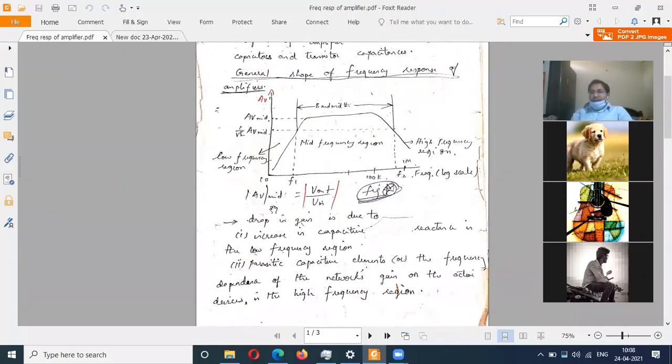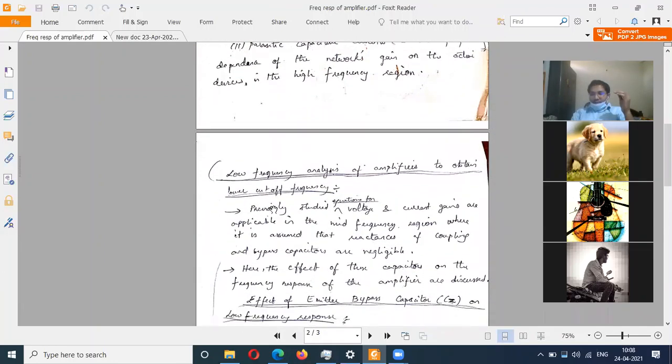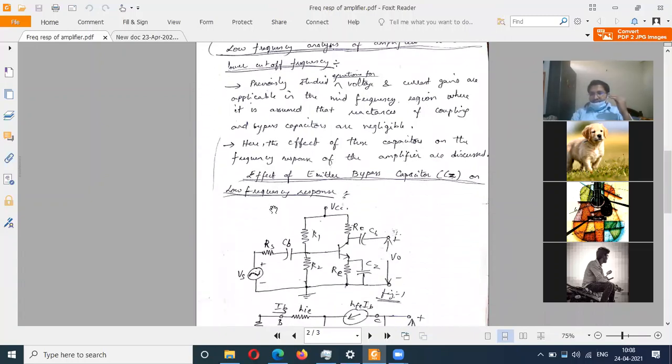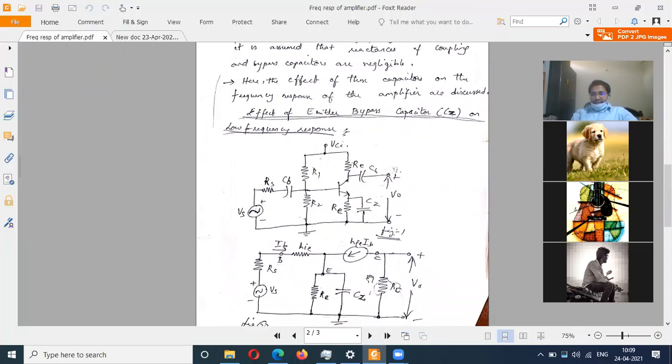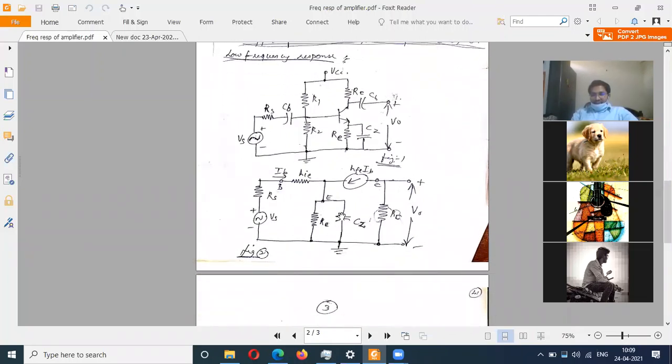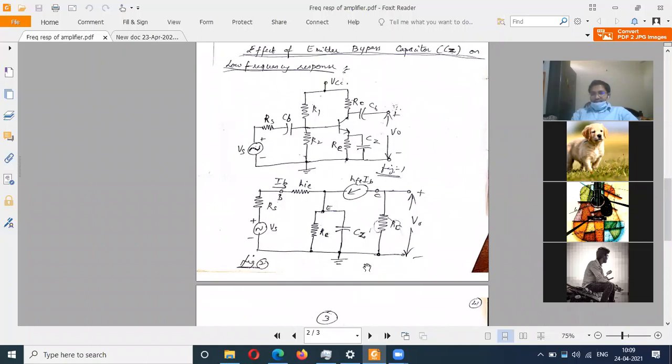But we cannot do that at low frequency, because the impedance is 1 by j omega C and omega is 2 pi f. When f is small, the overall term is large, and because f is in the denominator, we cannot neglect the capacitive effect. We have to take the effect into account and do the derivation.